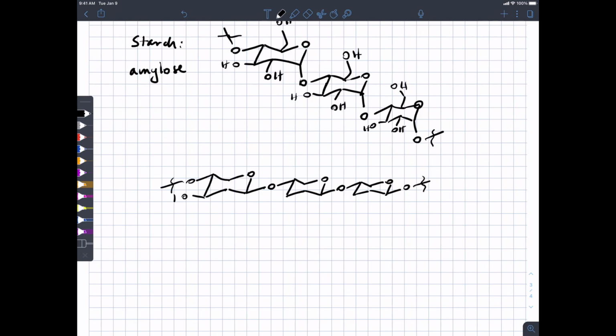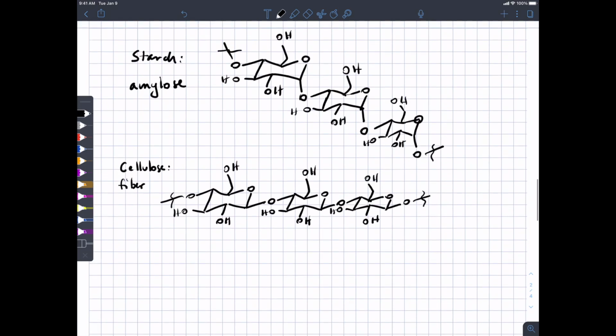And if we fill in the OH groups here, and don't worry about copying this down, you can get it from the notes later, and in any case, I'm not going to ask you to memorize it. But I just want you to see the structure. This is cellulose, okay, which is fiber.